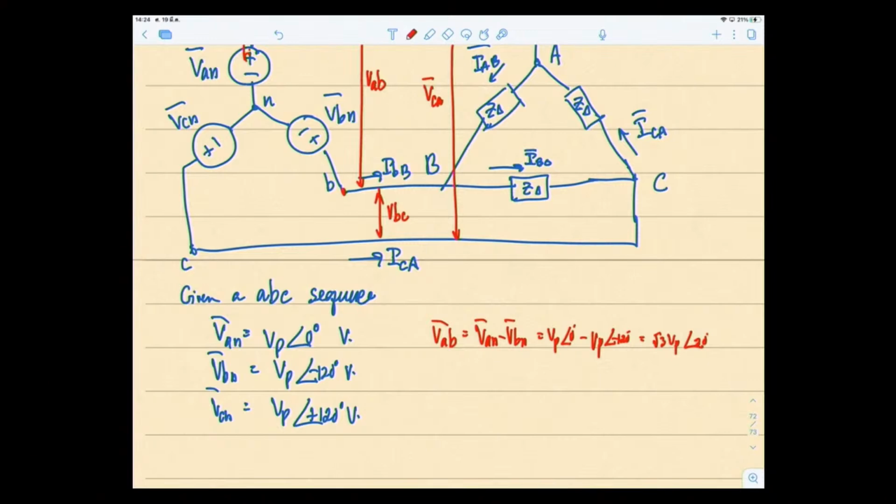And if you remember that, it's balanced, so the next one would be the same magnitude, root 3 VP, and it would be minus 120 degrees apart, so it's minus 90 degrees.